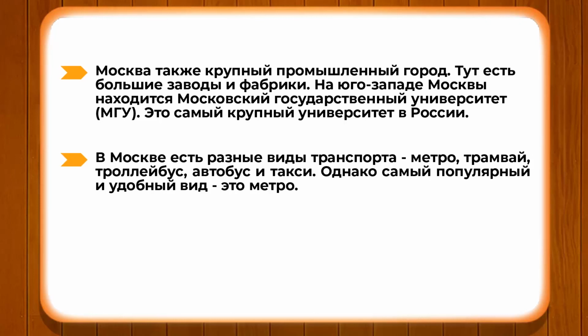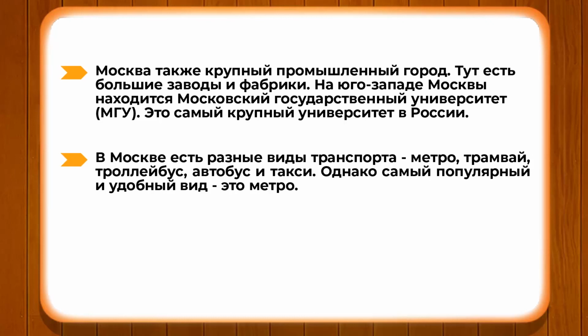Однако самый популярный и удобный вид – это метро. So here we have talked about certain important aspects of Russia, about industry, about certain types of transport and many other things. And we will be discussing in detail about this after completion of the text.